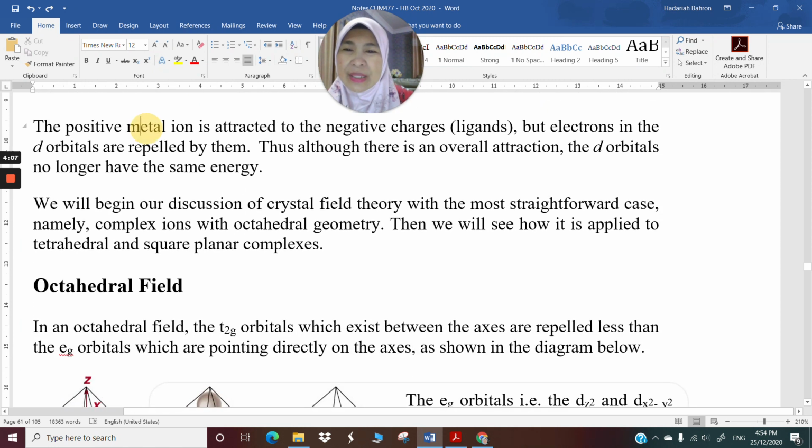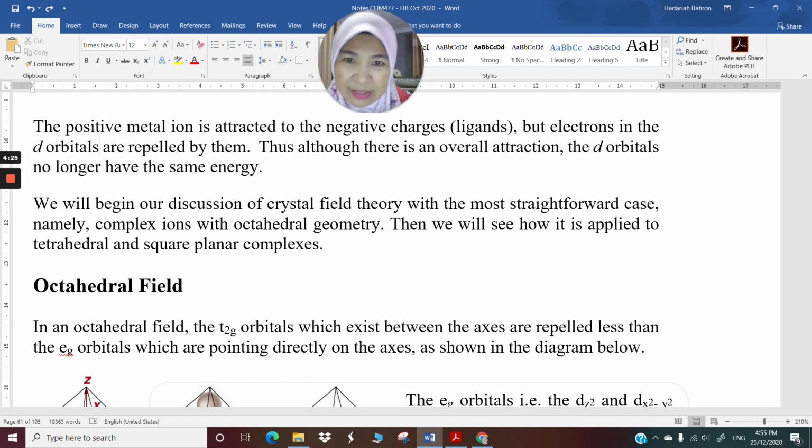The positive metal ion is attracted to the negative charges, which are the ligands, but electrons in the orbitals are repelled by the ligands. Despite being positively charged, the metal ions still have electrons in them.